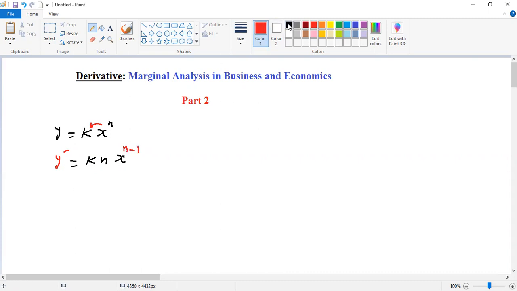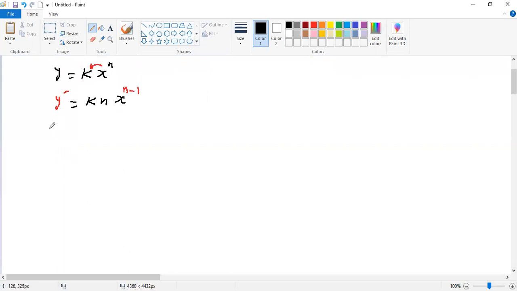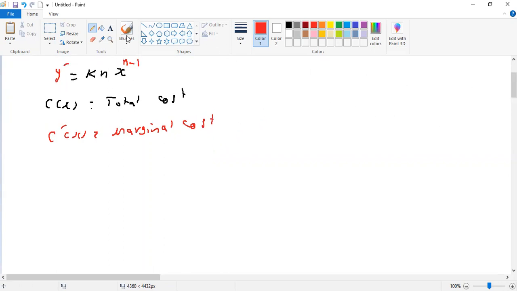Now, if we have a total cost function, C of x, the derivative of this function, C prime of x, is called the marginal cost function. Now, example.